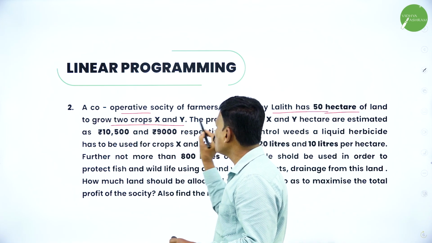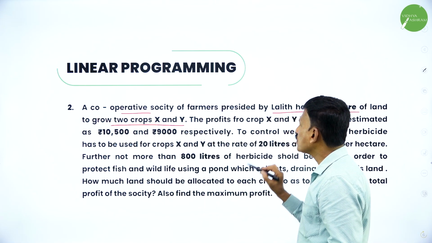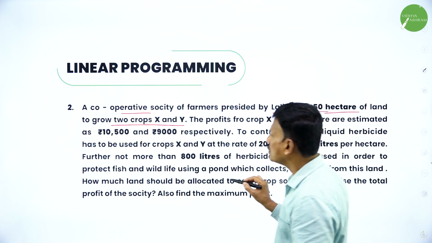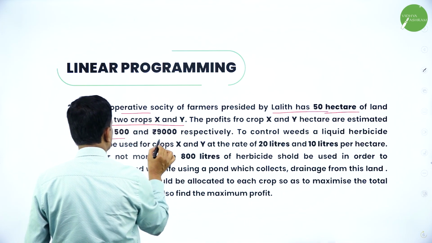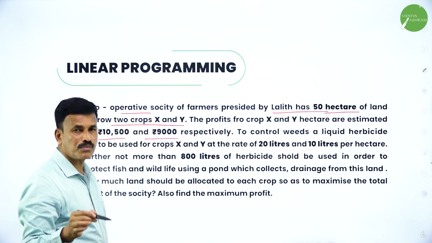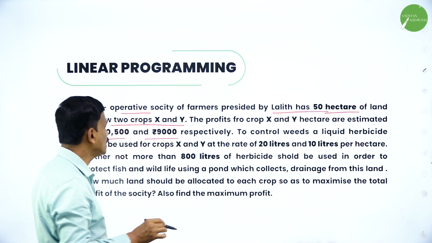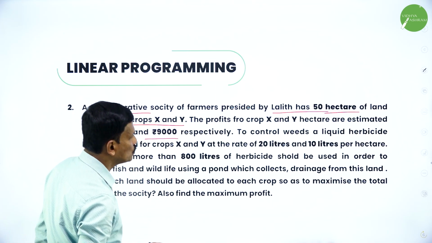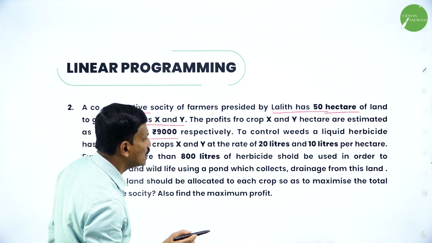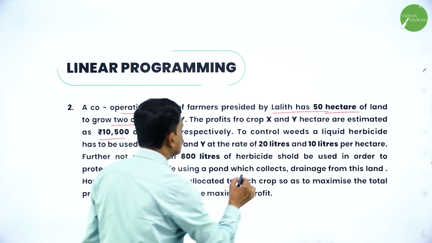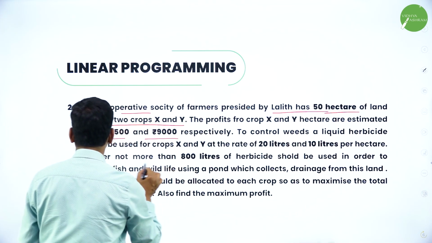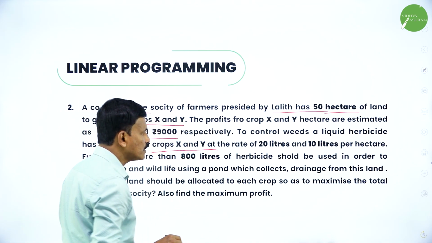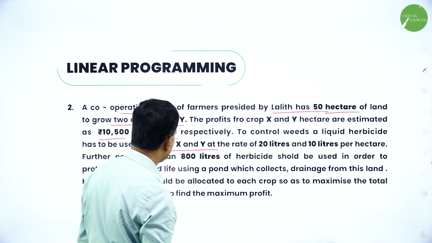So, 2 crops, that is X and Y. The profit per hectare of crops X and Y is estimated to be rupees 10,500 and 9,000 respectively. To control weeds, a liquid herbicide has to be used for crop X and Y at the rate of 20 liters and 10 liters per hectare.